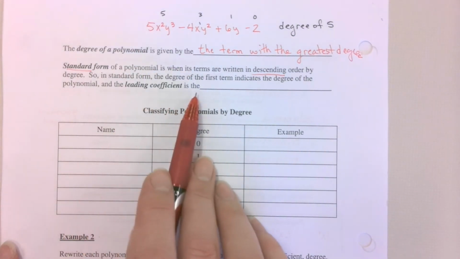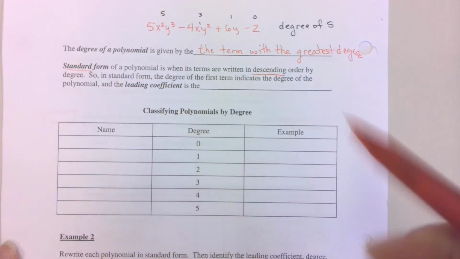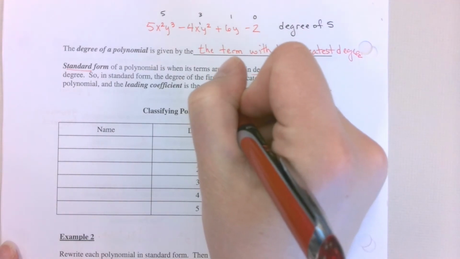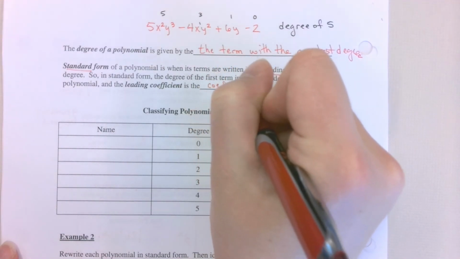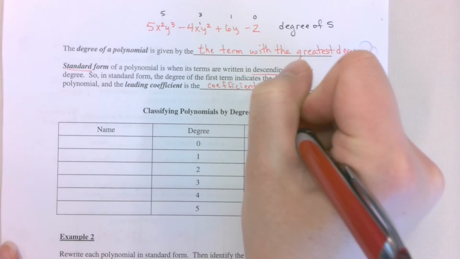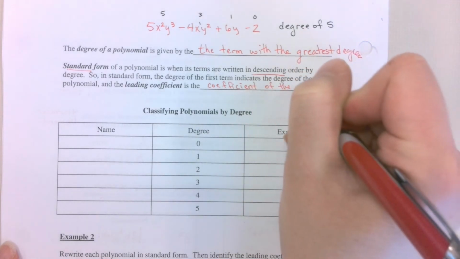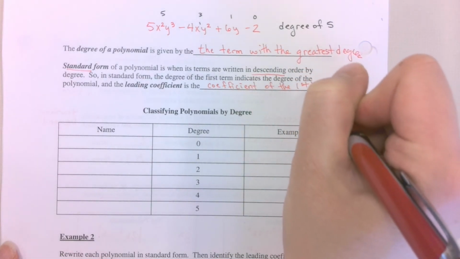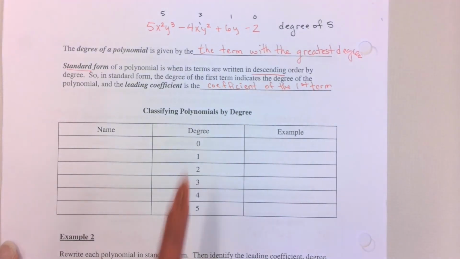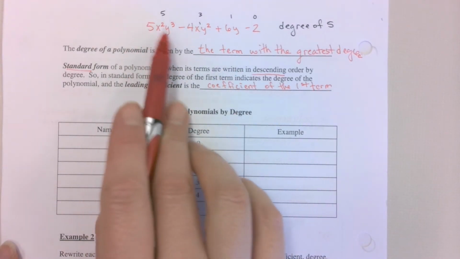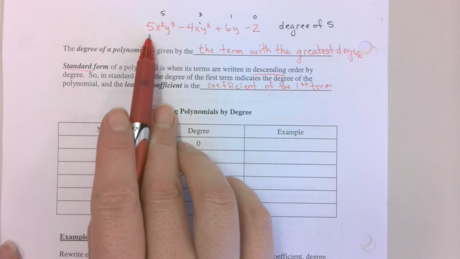And the leading coefficient is the coefficient of the first term. Now, we have to remember, coefficient is the number out front. So the degree is 5, but the leading coefficient is also 5 here.